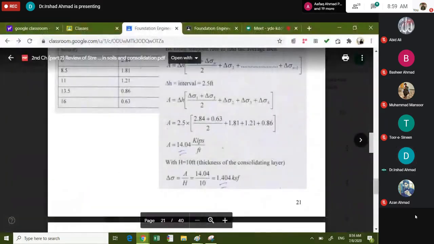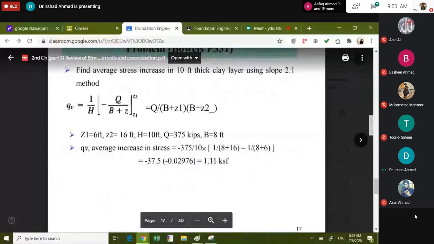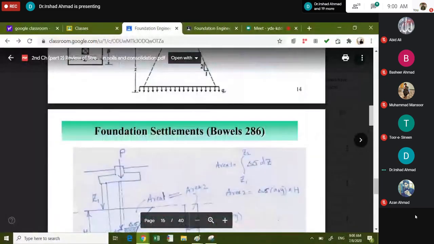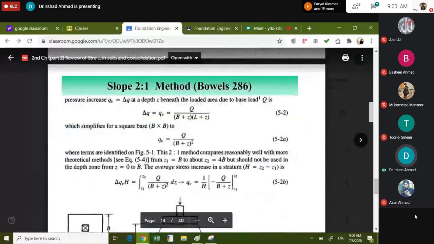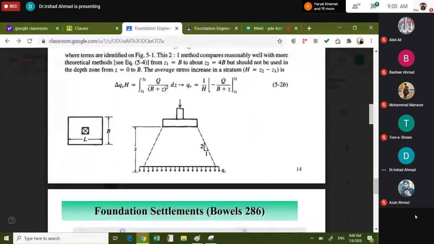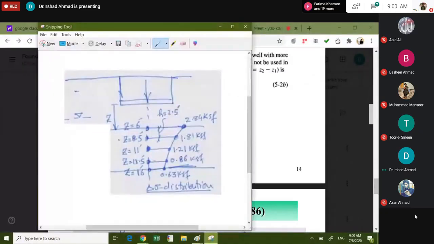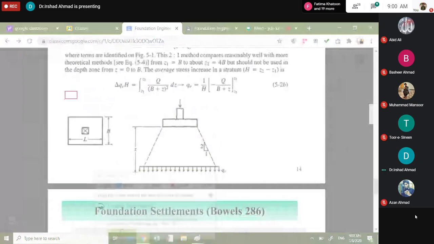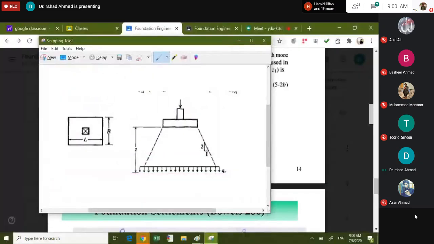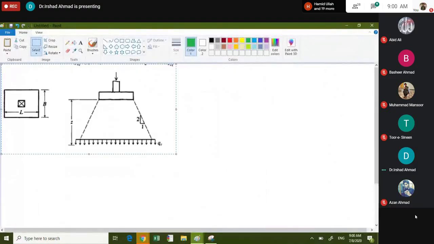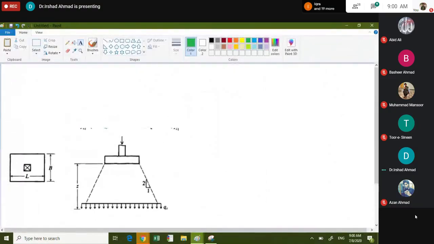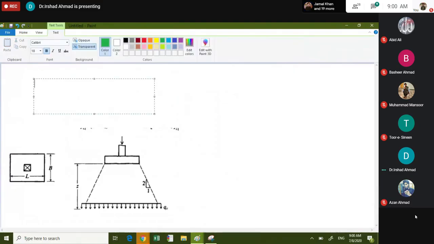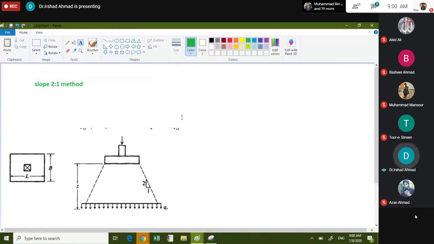That is called the slope 2 to 1 method. Slope 2 to 1 method of stress calculation.